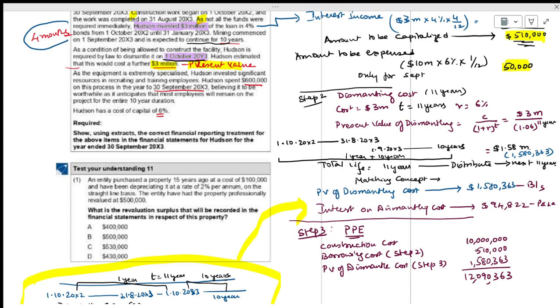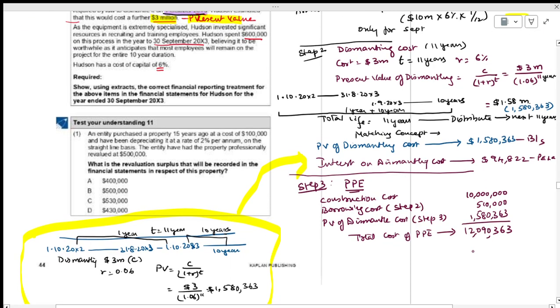Is it right? This is the total cost of property, plant and equipment. Now you can understand why we have done step 2 and step 3. Is it clear, Hussein, Sumaya and Mazin? Clear, doctor.